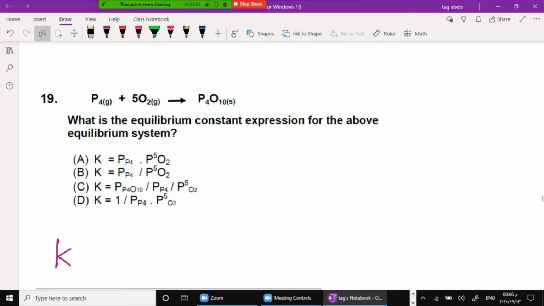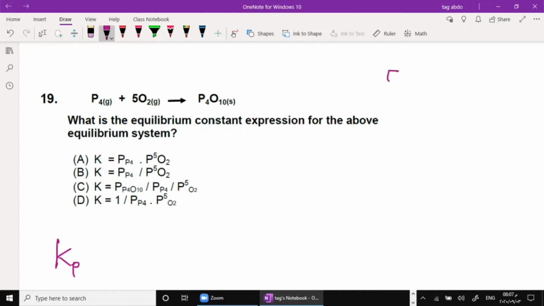The equilibrium constant expression could be Kc or Keq or Kp, K sub P. In this case, of course, it is Kp, because the reactants and products are mostly in gaseous state and expressed not by concentration.